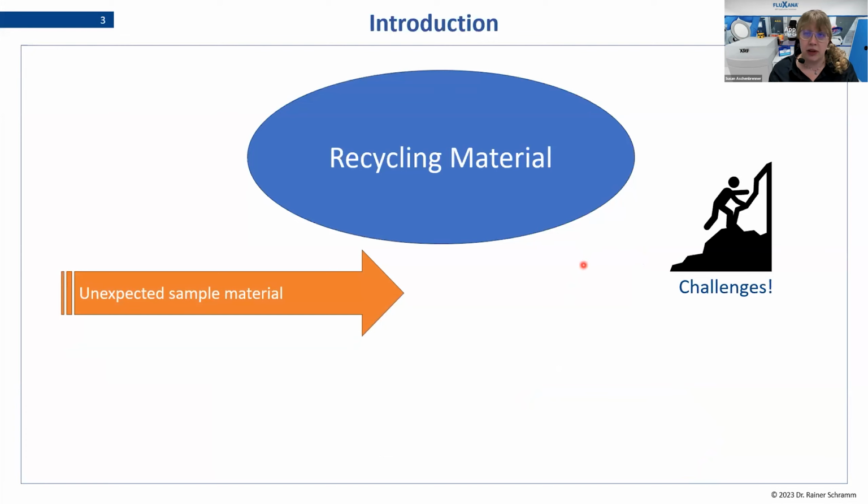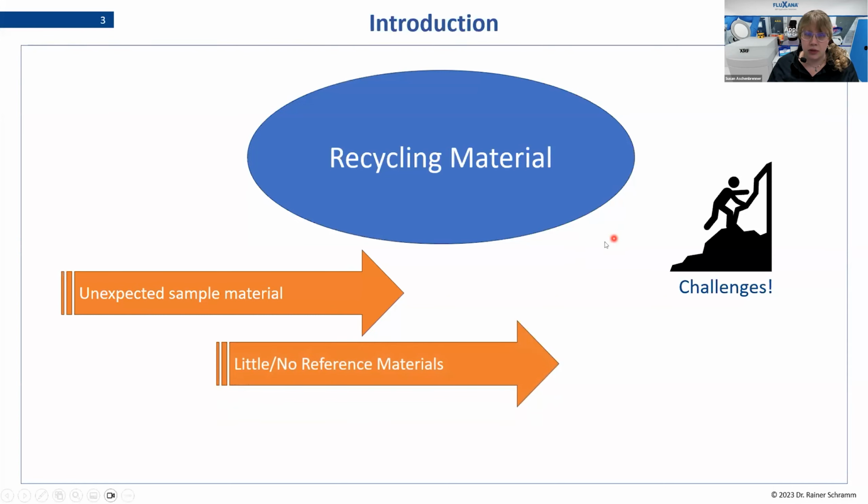Since we are taking recycling material from a process and then trying to recycle it and use it again, the material itself before the recycling might have some unexpected components, maybe a slightly different matrix than you would expect in the first place. And this makes measurement and decision making for calibrations quite tough.